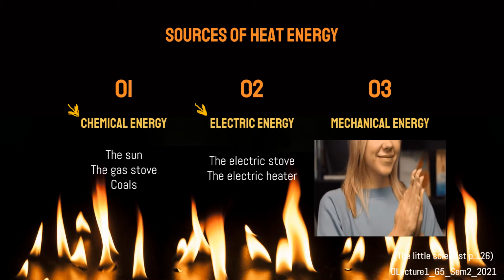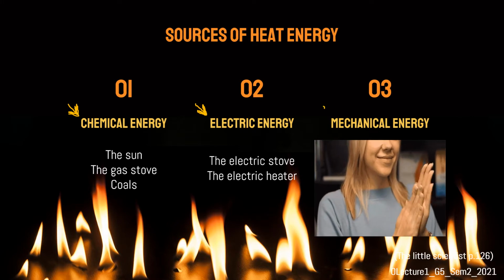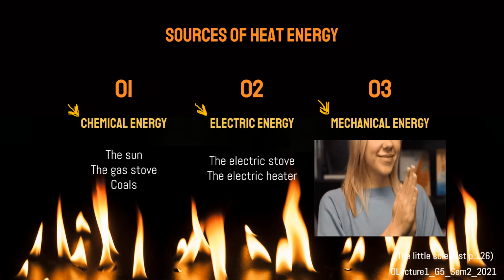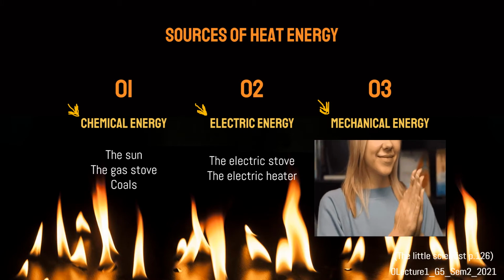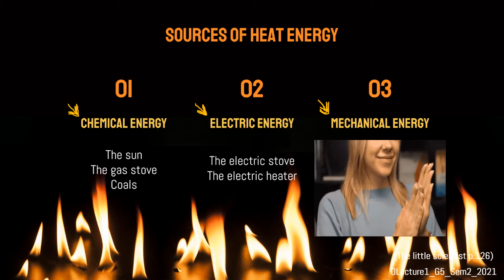And last of all, when we rub objects against one another to produce heat energy, we say that it's the mechanical energy that turns into heat energy. Chemical energy, electric energy, mechanical energy.